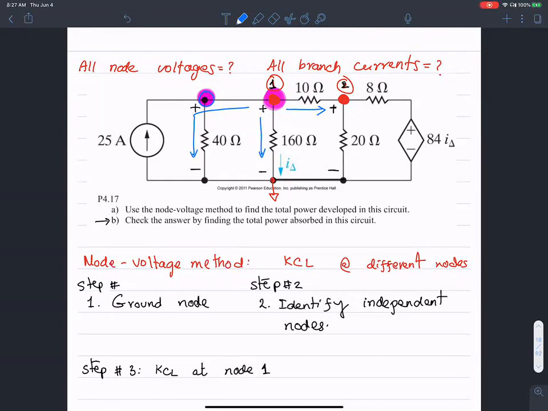Seems there's one branch current that I have not accounted for yet. Is it the current source? Yes, it's the current source. By convention, I'm looking at the current leaving the node, so I'm going to consider the opposite direction for the current source.